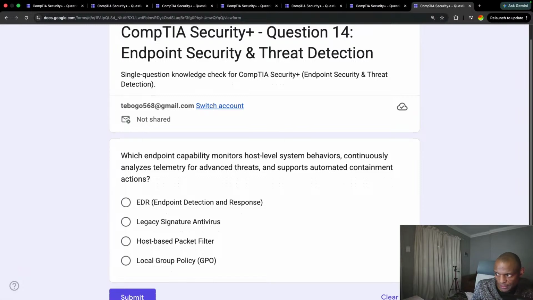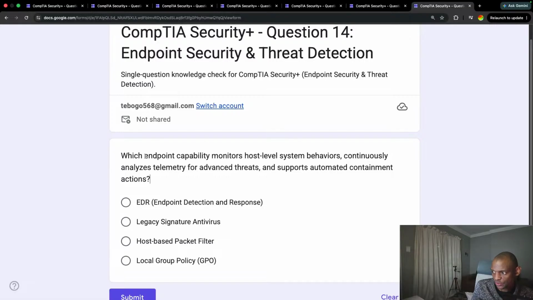Which endpoint capability monitors host level system behaviors, continuously analyzes telemetry for advanced threats, and supports automated containment actions? So to answer this question, these are the 4 options.